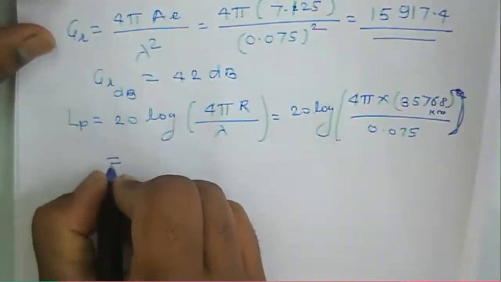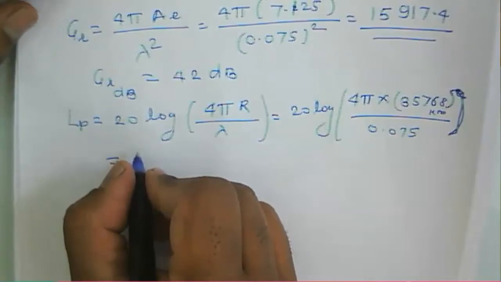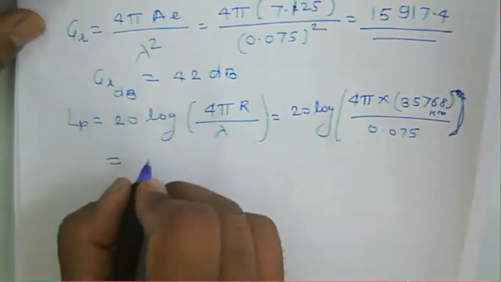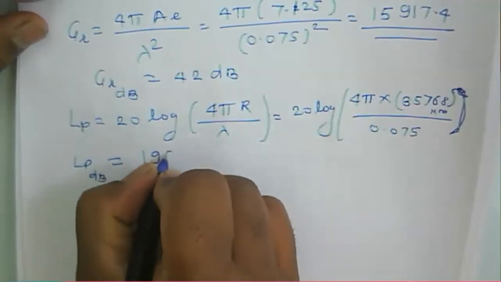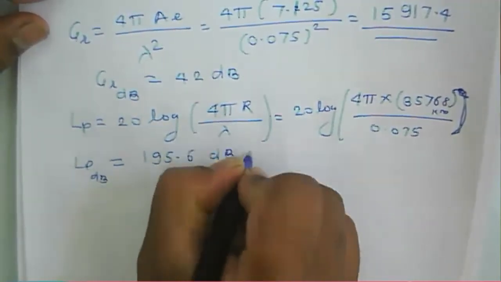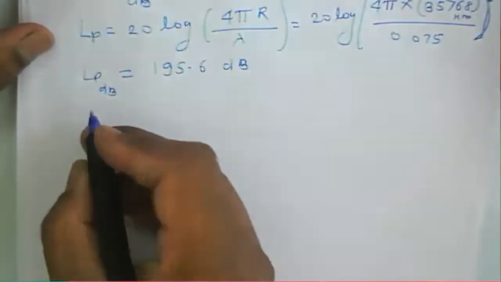After solving that, you'll get LP in dB, that will be 195.6 dB. Okay, path loss in dB.